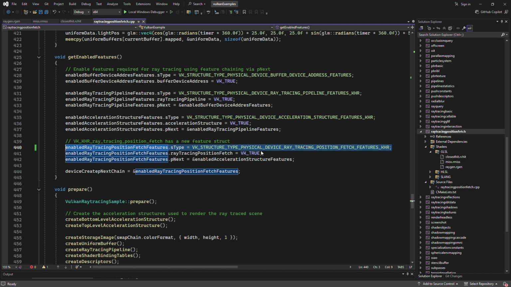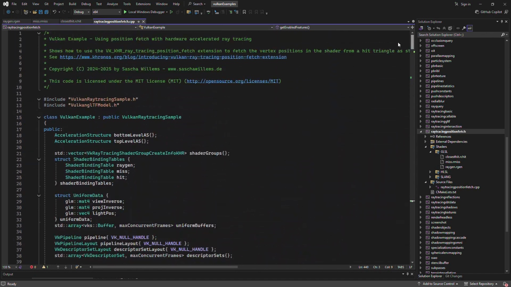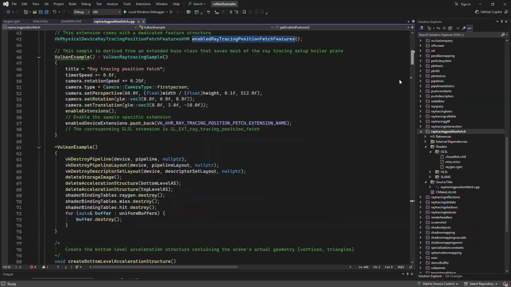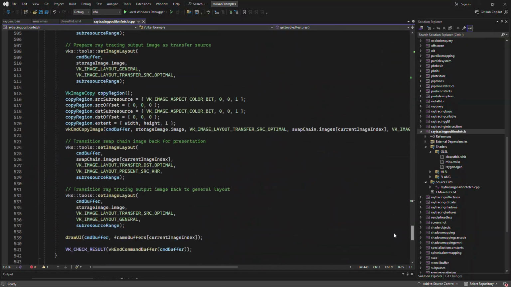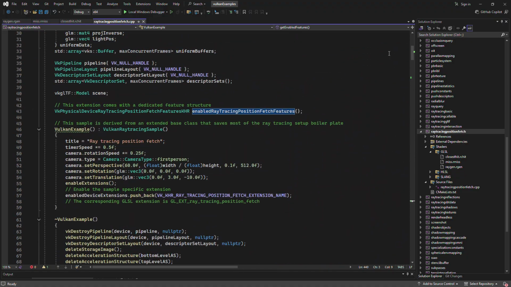We also need to go up here. Okay, so enable the sample specific extension: enable device extension, ray tracing position fetch extension name. The corresponding GLSL extension is that.